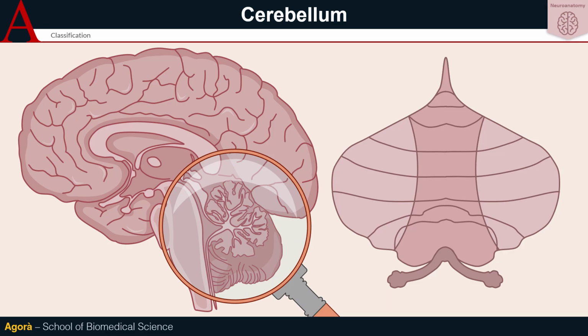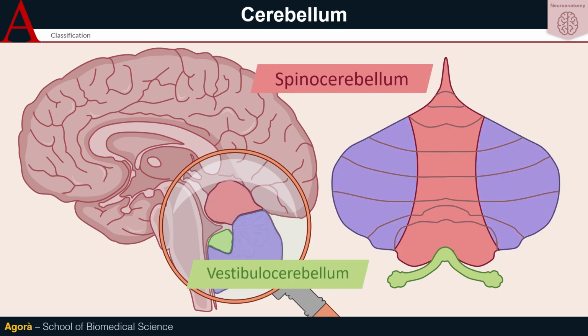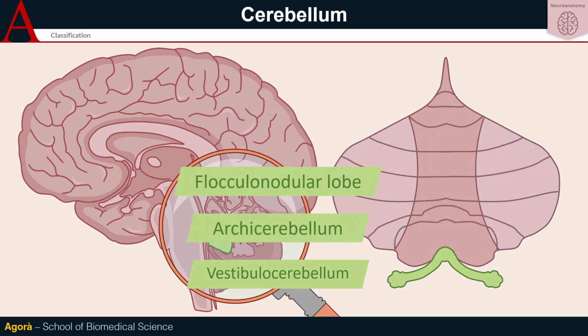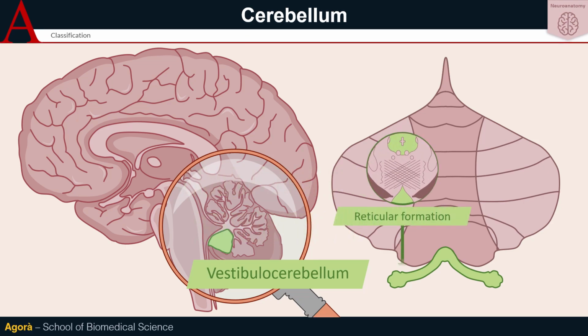Another subdivision, which is more functional, is based on nervous inputs and outputs. It identifies the vestibular cerebellum, the spinocerebellum, and the pontocerebellum. The vestibulocerebellum overlies the archicerebellum and consequently corresponds to the flocculonodular lobe.